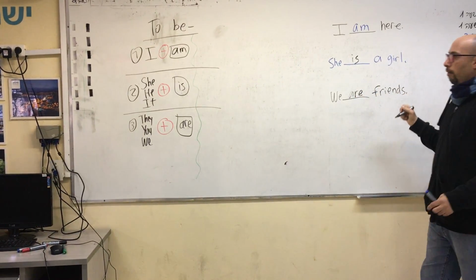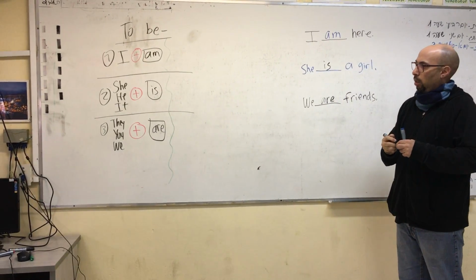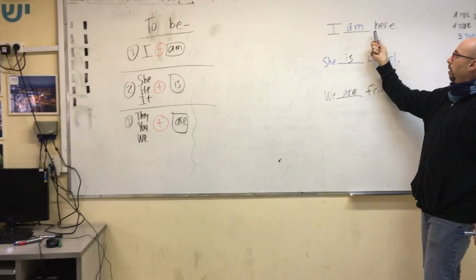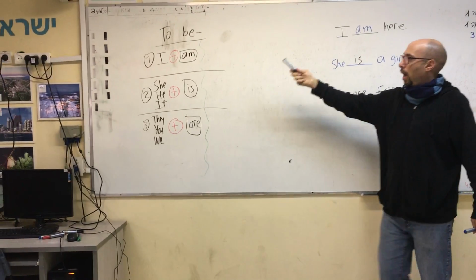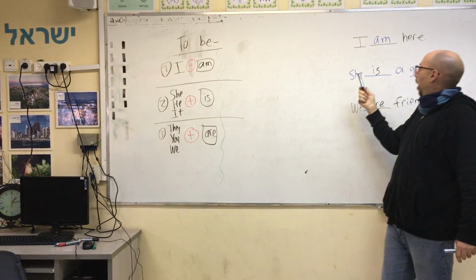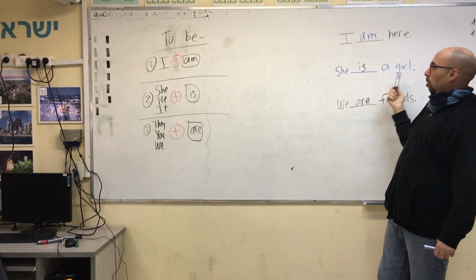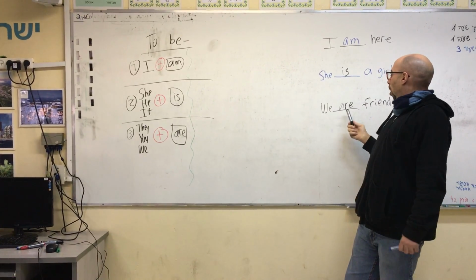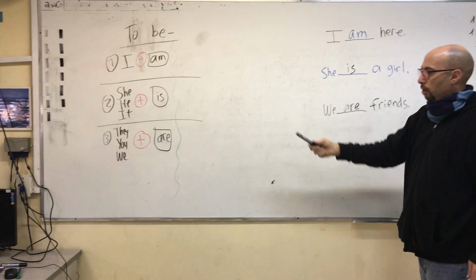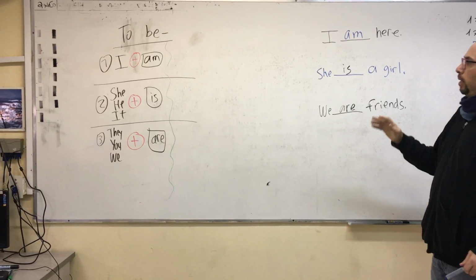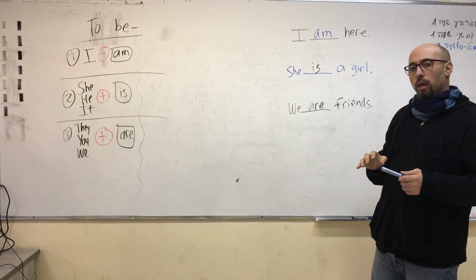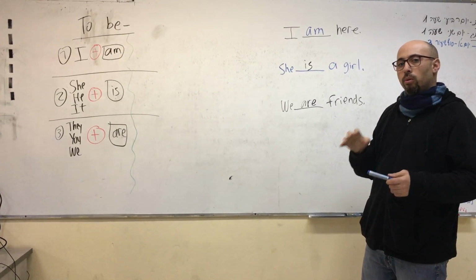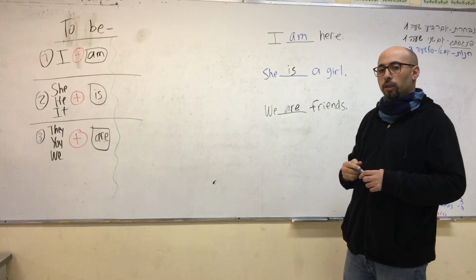We are friends. I have I am here. I connect I to am. I have she is a girl. She is a girl. And we are friends, which is the third body. This is a basic way of acquiring the proper usage of the verb to be.